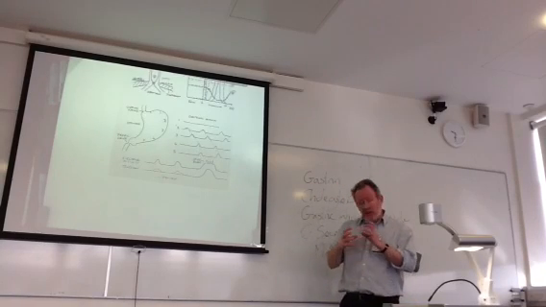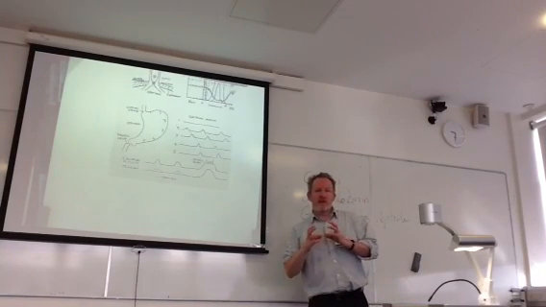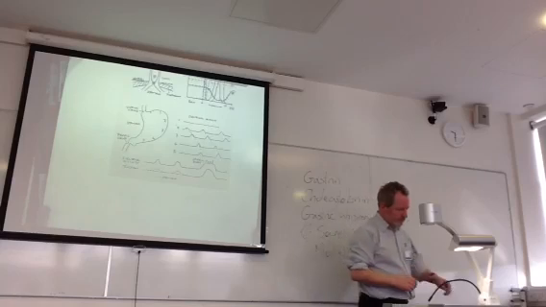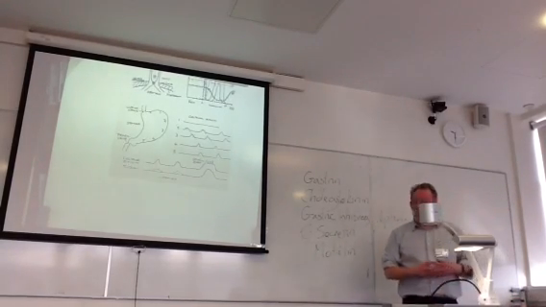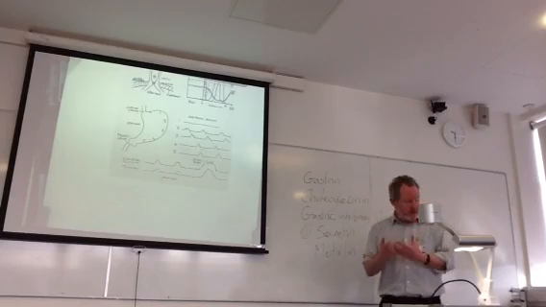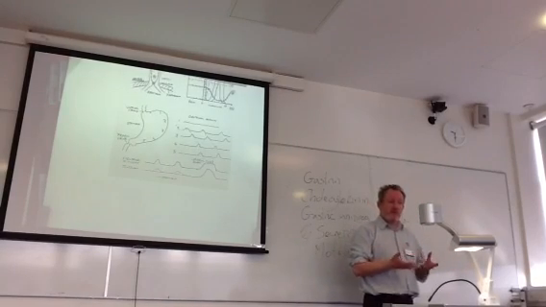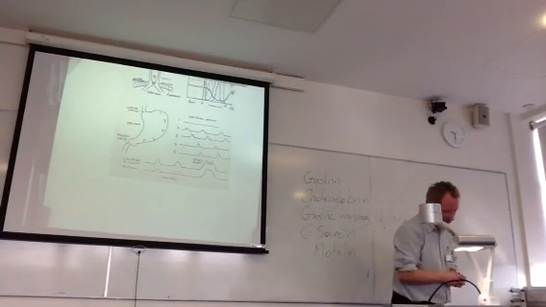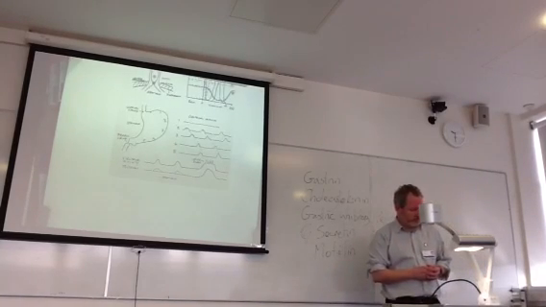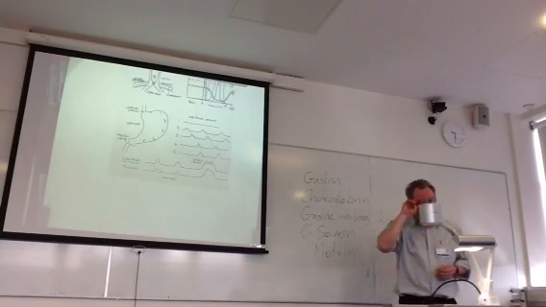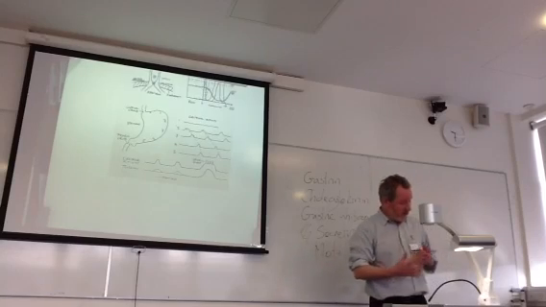Now these are changes in membrane potential, which give this rhythm to the gastric and gastrointestinal contractions. These are called slow waves. And depending on where you are in the gut, they have different frequencies.